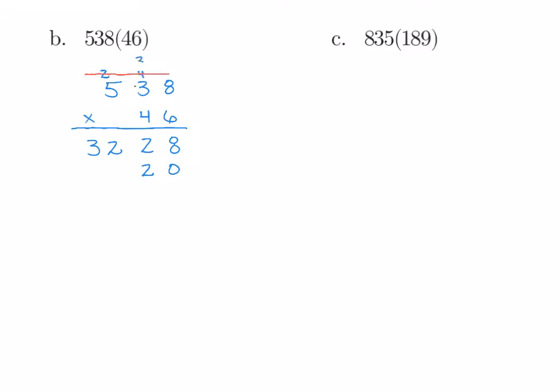I need to carry my 3. 4 times 3 is 12. We add our carried digit. 12 plus 3 is 15. We're going to carry the 1. 4 times 5 is 20. We add our carried digit and we get 21.